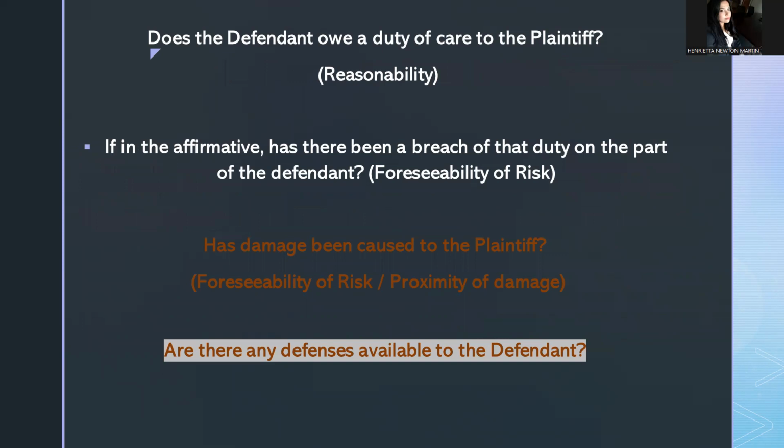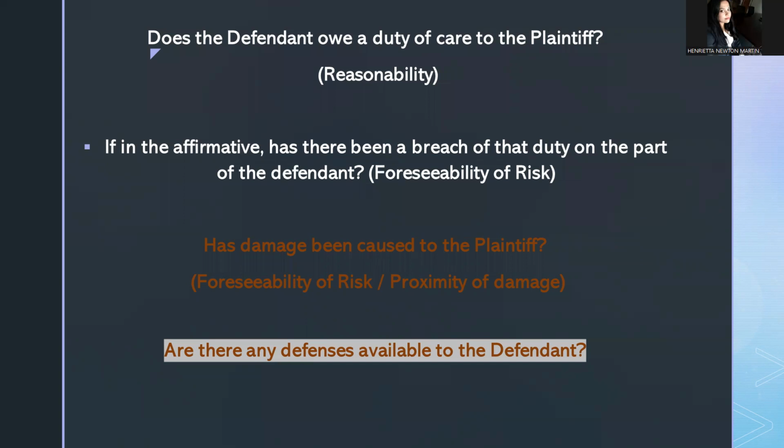Now, there are 4 factors that need to be connected, or questions that need to be asked when you solve a case of, generally a tort and also a tort of negligence. One is, does the defendant owe a duty of care? That is reasonability. Now, if it is in the affirmative, that is, if it is yes, then has there been a breach of that duty on the part of the defendant? That is foreseeability of the risk. Next, has the damage been caused to the plaintiff?